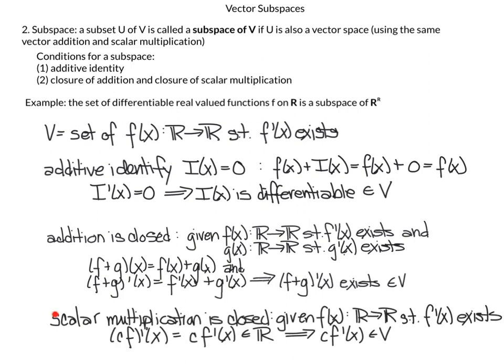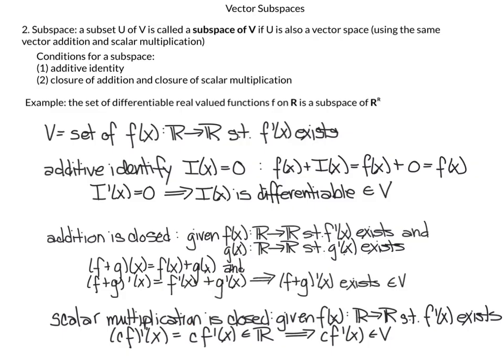Finally, we need to look at scalar multiplication and show it's closed. So again, I have my f of x, it goes from R to R, and f prime of x exists. So if I multiply c times f and take the derivative, as you know in derivatives, you can always pull out your constant c.